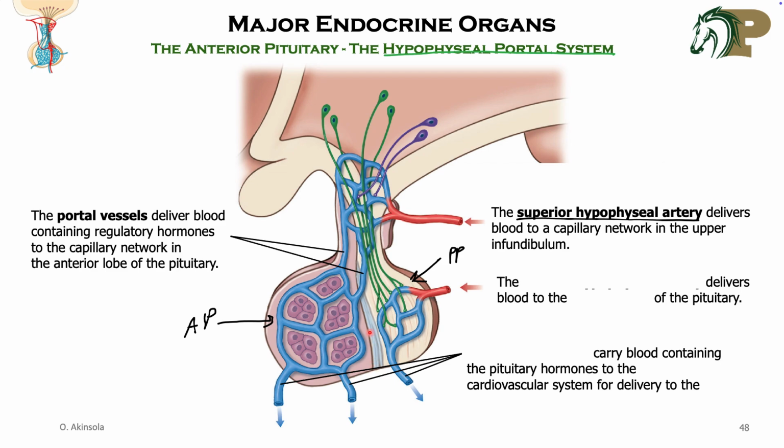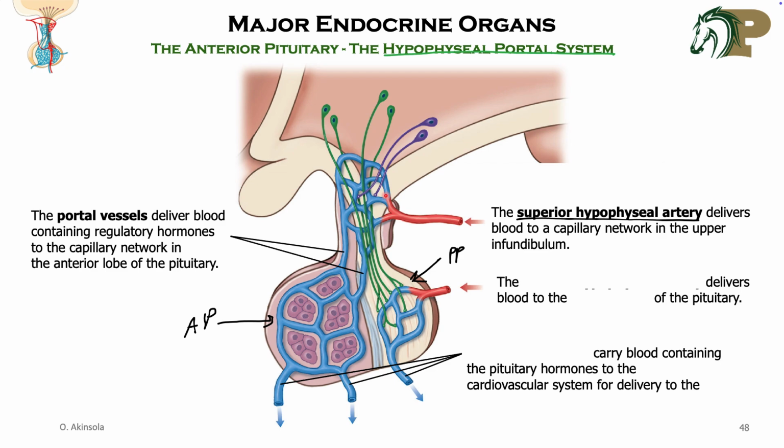Now, before we go on, I want you guys to notice something about this particular system. Notice that the vessels here in the infundibulum are continuous with the vessels in the anterior pituitary. But the vessel system in the posterior pituitary is completely separate. So that is key to understanding how the anterior and posterior pituitary lobes work.